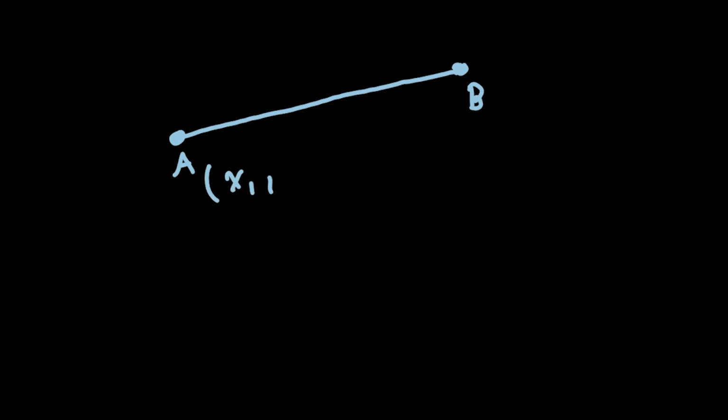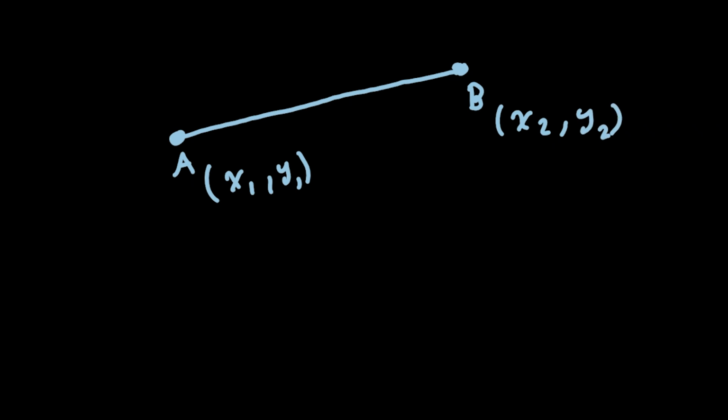So let's suppose that we have a point here called A, and we have another point here called B, and we want to find this distance here. Let's suppose that A has x1 and y1 coordinates, and the point B has x2, y2 coordinates.